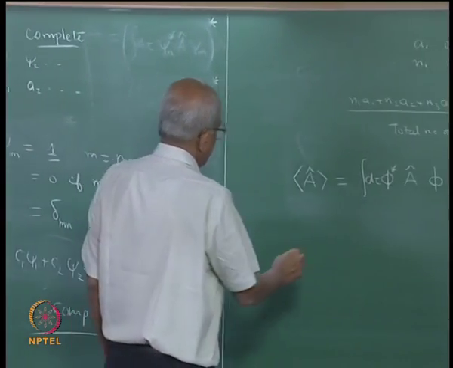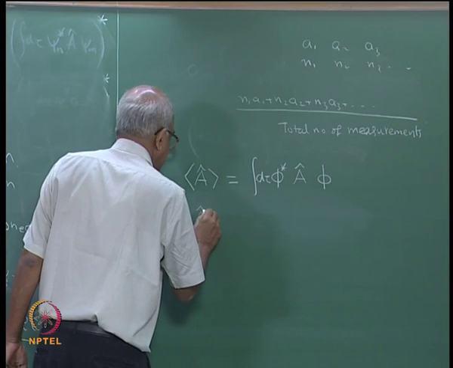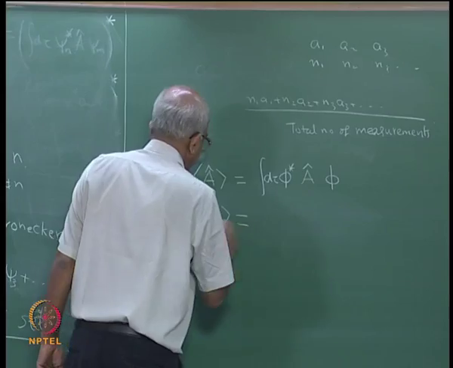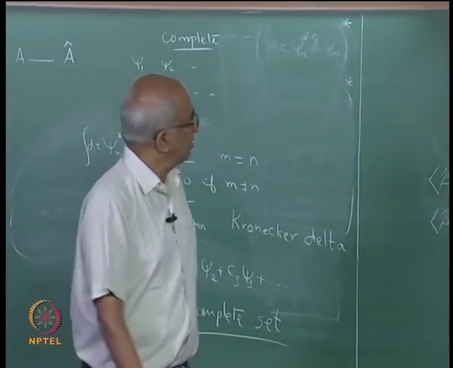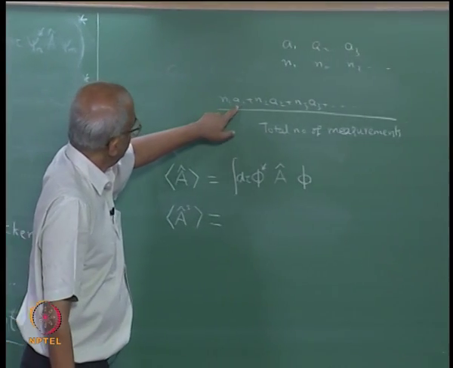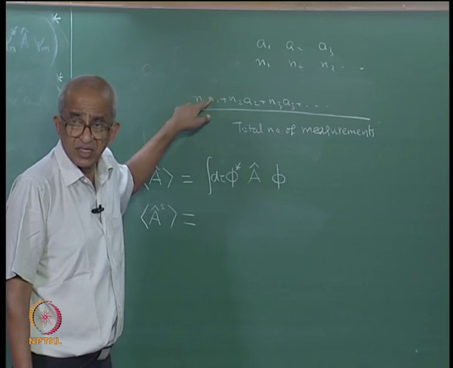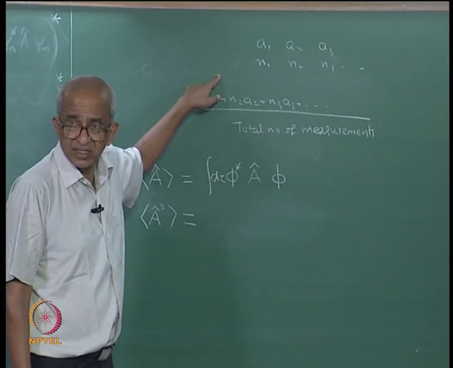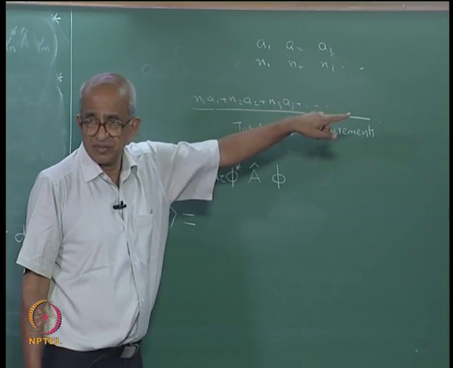Now suppose I wanted to calculate the average of a large number of measurements of the square of the observable A. If you are doing the experiment, you would have measured the values A1, A2, A3, and in the expression you put A1 squared, A2 squared, A3 squared, and so on.